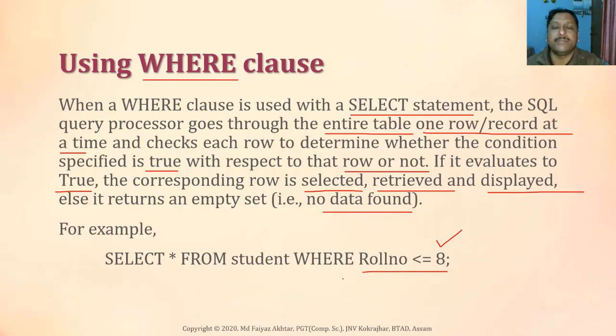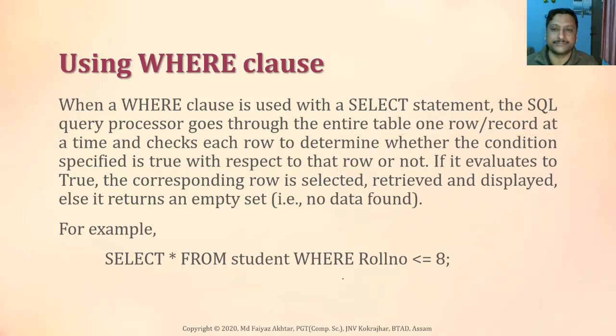It will pick the first row and check whether the roll number of that row is less than or equal to 8 or not, and accordingly it will check the second row, third row, fourth row, fifth row, sixth row, like this. Once all the rows have been checked, only then will it display the selected rows on the screen.